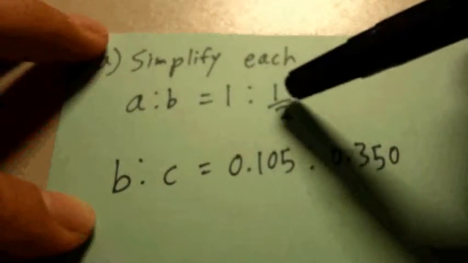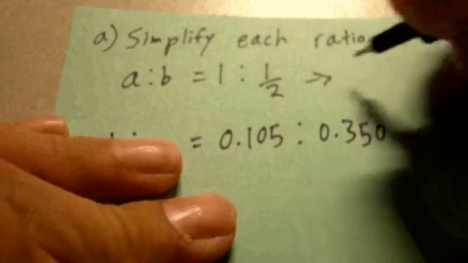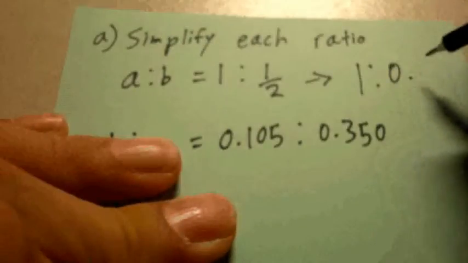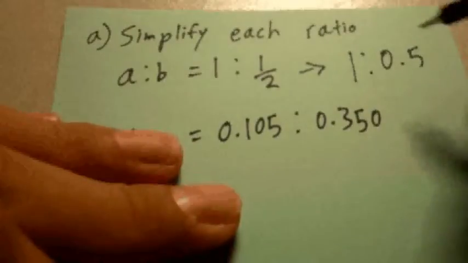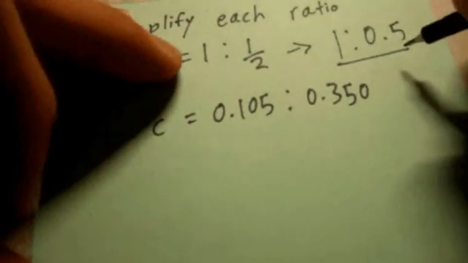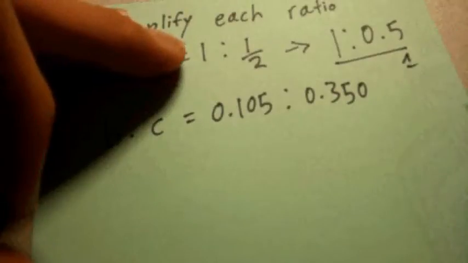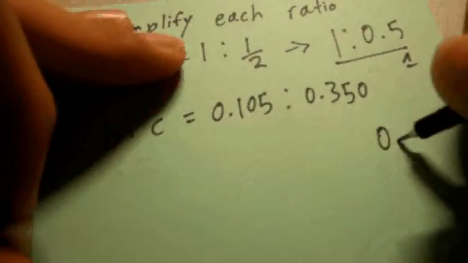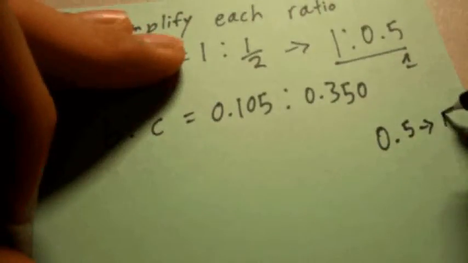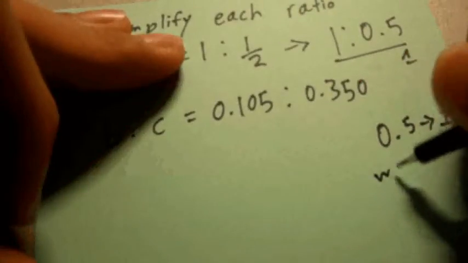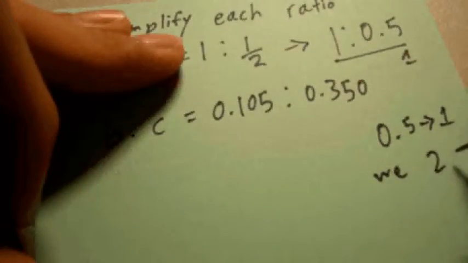Now A is to B is 1 is to half. We know that half is 0.5, so this equals 1 to 0.5. To make it a whole number, the nearest whole number will be 1. So in order for 0.5 to become 1, we times 2.